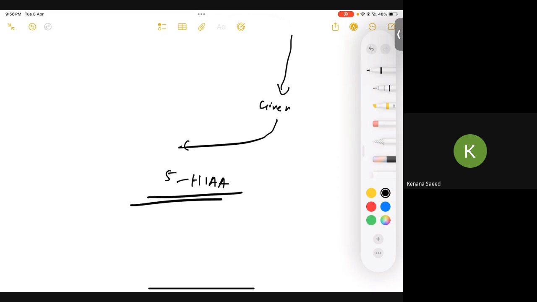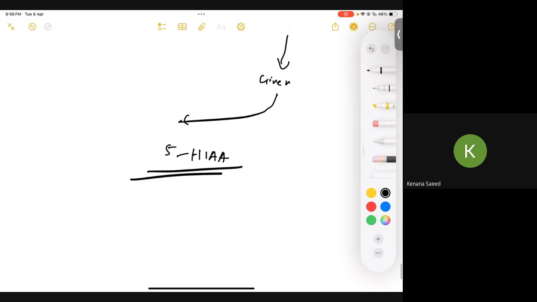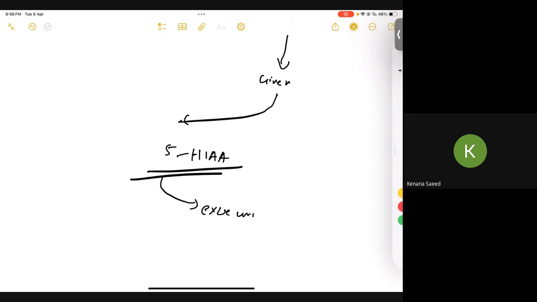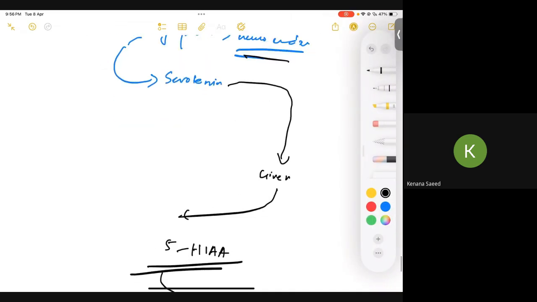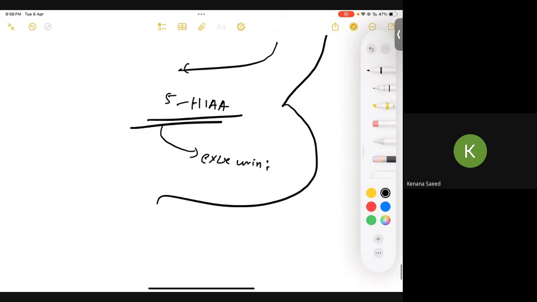It's going to convert it into 5-HIAA, and the 5-HIAA can simply be excreted in urine. But the problem arises when this tumor metastasizes into the liver directly, right?